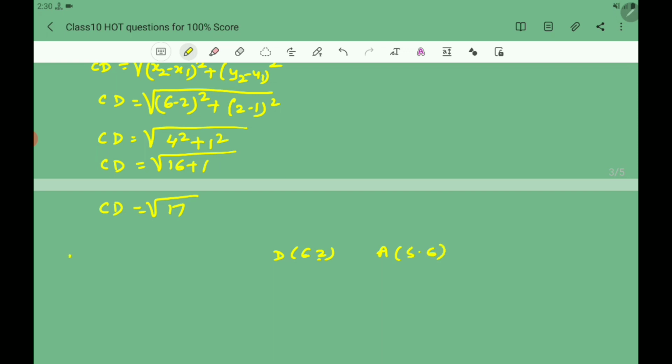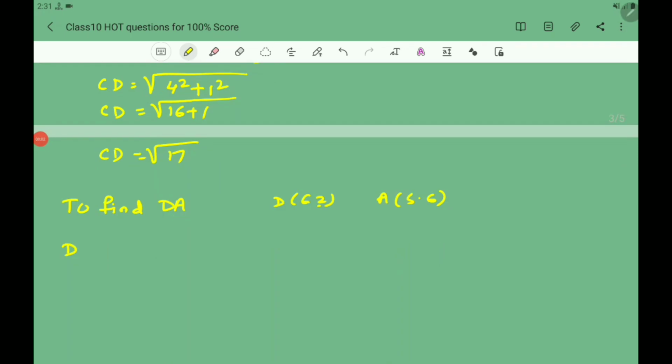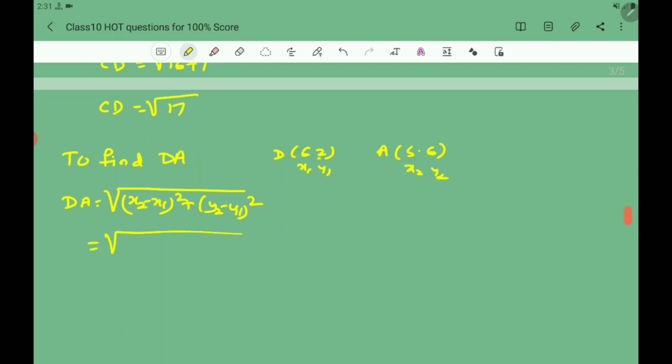Then DA equals square root of (x2 minus x1) whole square plus (y2 minus y1) whole square. x2 minus x1 is 5 minus 6, and y2 minus y1 is 6 minus 2.